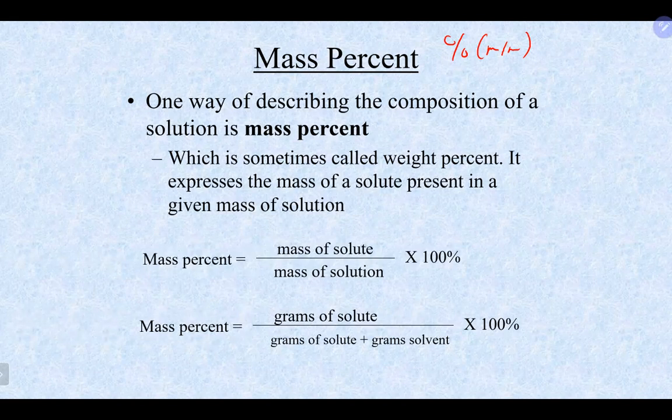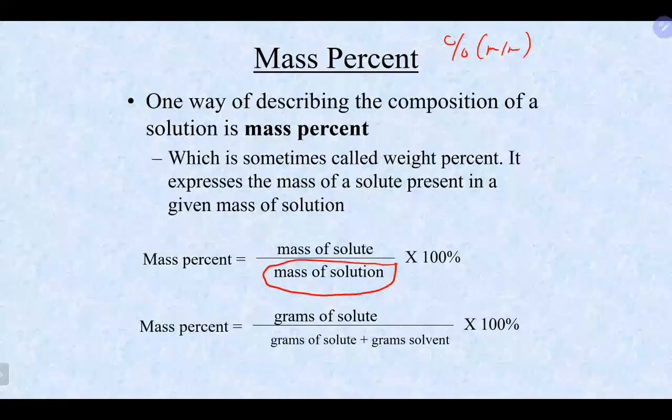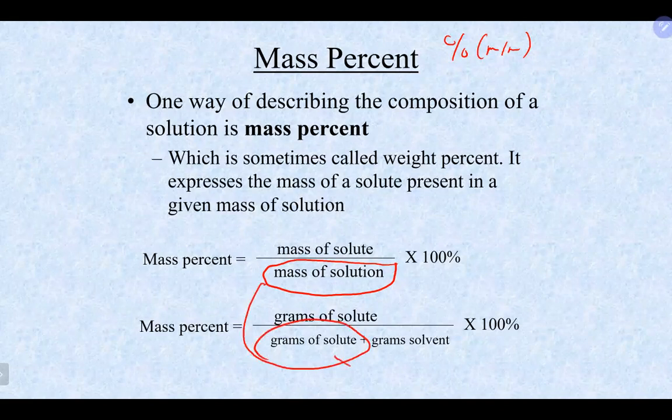Now, when people do these calculations, it is the bottom part here that you do have to be really careful of. And that is because the mass of the solution is actually two things. It is the grams of the solute and the grams of the solvent.